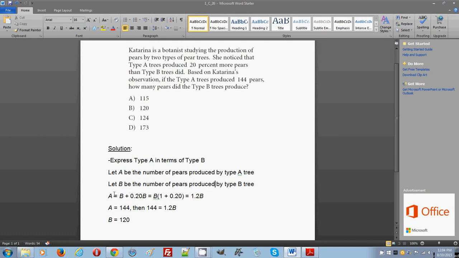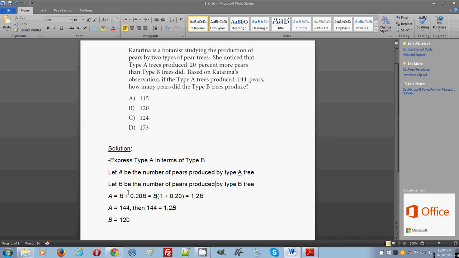So now that we assigned two variables to the number of pears produced by each tree, we can express the number of pears produced by one tree in terms of the unknown number of pears produced by the second tree, which is type B tree. And that's going to be A is equal to B plus 0.20B.